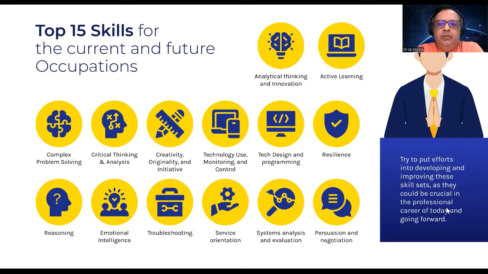But just to give an overview, the top 15 skills for today and also the future is analytical thinking, active learning, complex problem solving, critical thinking and analysis, creativity, originality, and all these skills are nothing but part of the 21st century skills, which we will see more in deeper level in the next module.